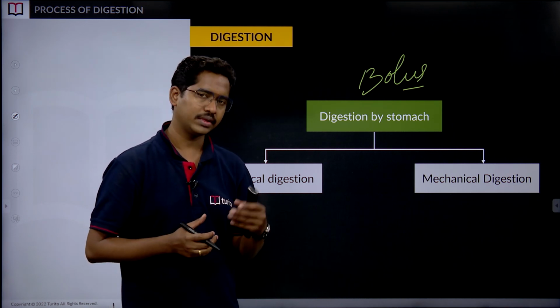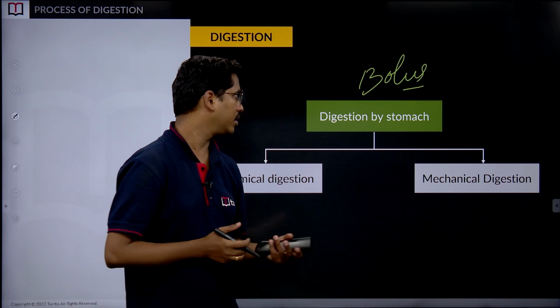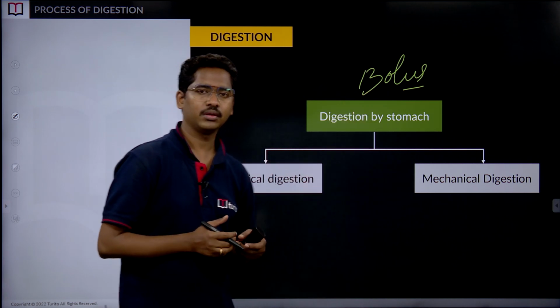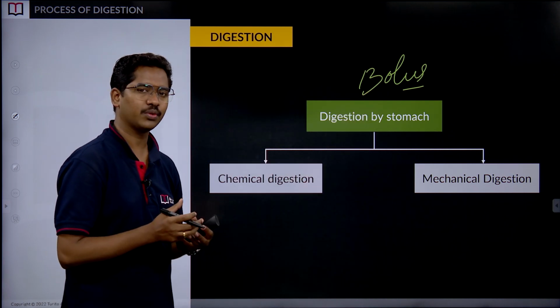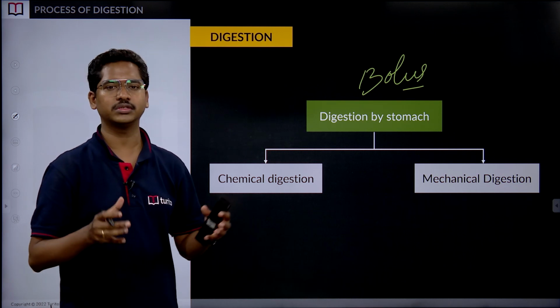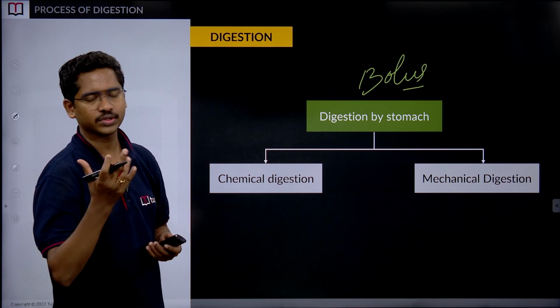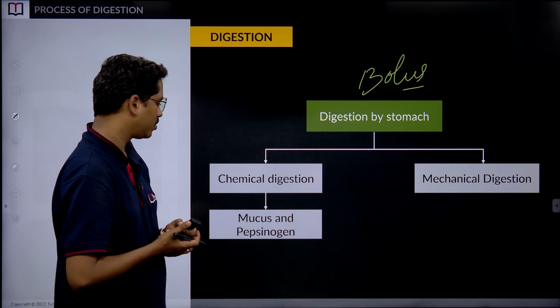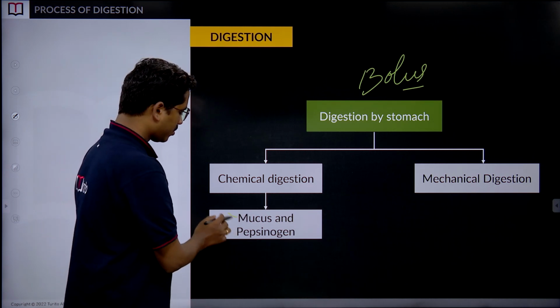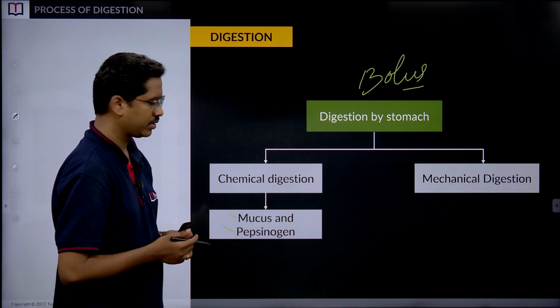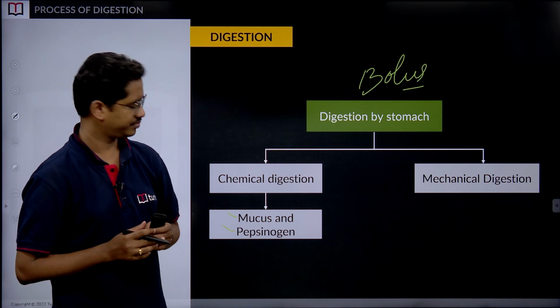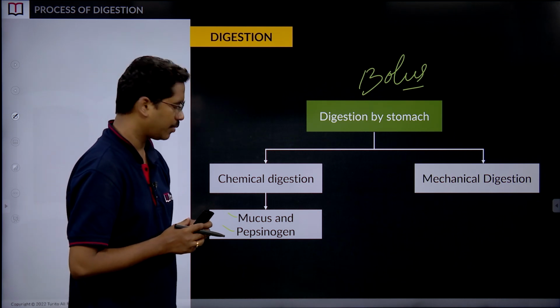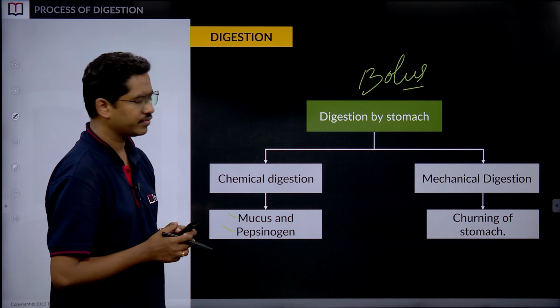continuously. That is why the bolus gets mixed up with all the gastric juices released in the stomach, especially hydrochloric acid and other stuff. We have mucus and pepsinogen taking care of the chemical digestion, followed by churning of the stomach.